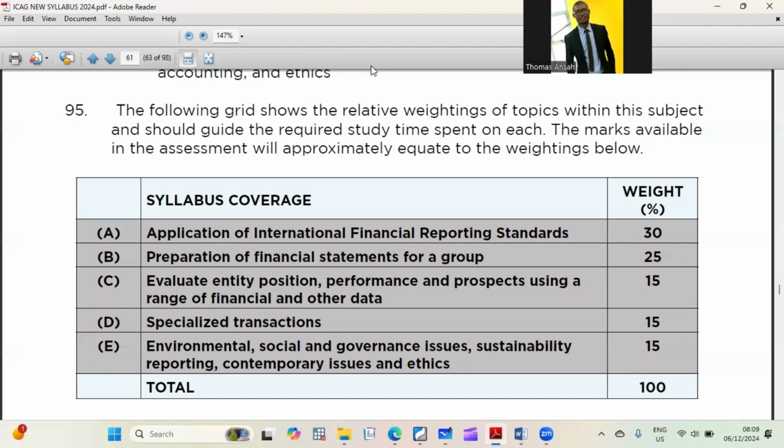It's very, very important. Now, they've said that you will still be dealing with the standards for 30 marks. It's a 100-mark question. But if you examine this carefully, you will realize that the standard is actually more than 30 marks.